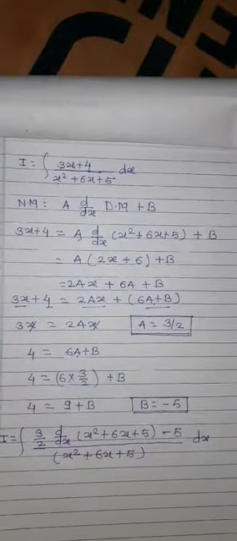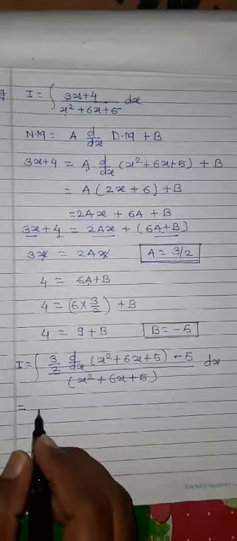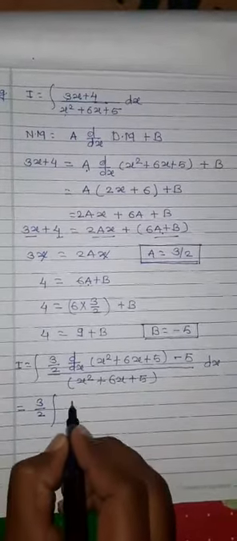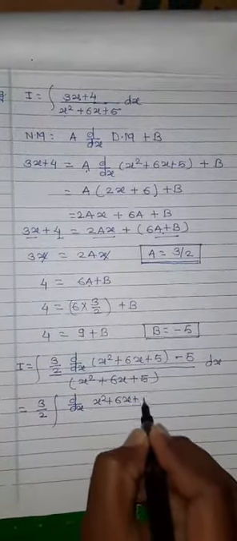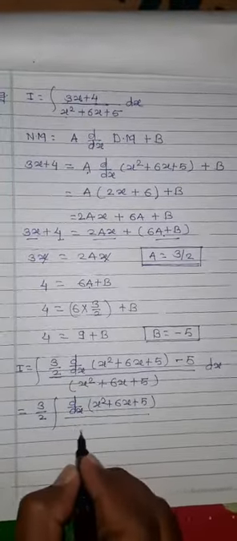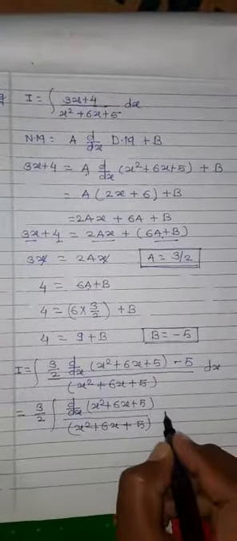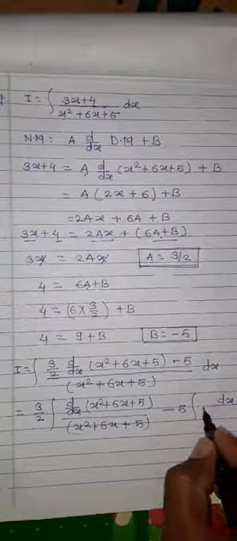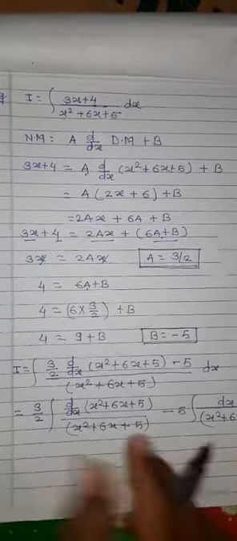After rearranging this term, the integration can be separated into two integrations: 3 by 2 times the integration of d upon dx of x square plus 6x plus 5, over x square plus 6x plus 5, then minus 5 times the integration of dx over x square plus 6x plus 5. Two integrals are separated here.